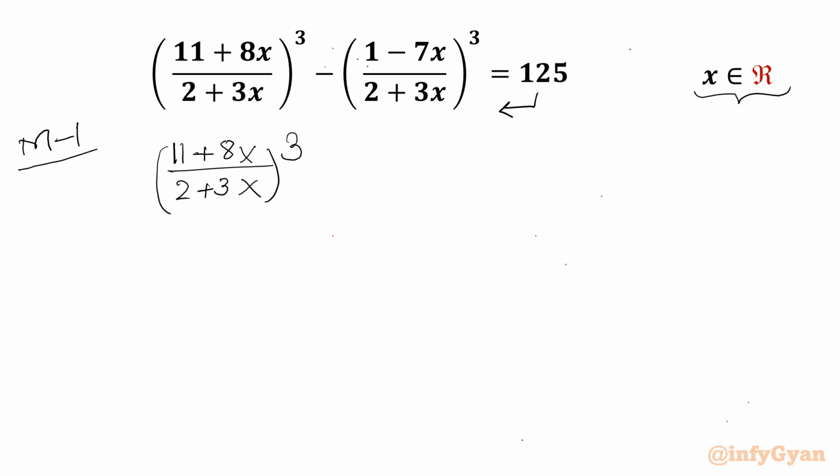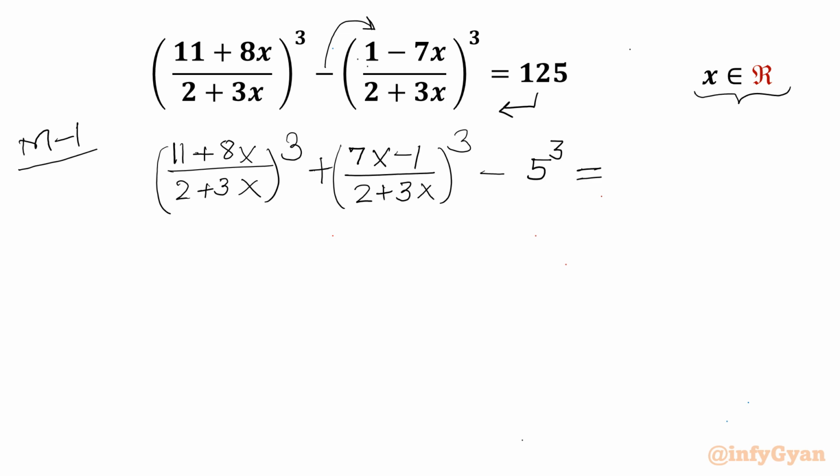Then this minus we can take into this bracket, so it will become plus (7x - 1)/(2 + 3x) whole cube. And then I will be writing minus 125. It is 5 cube, equal to 0.